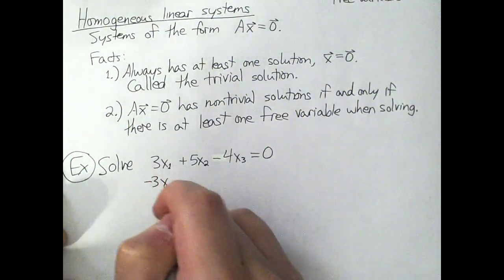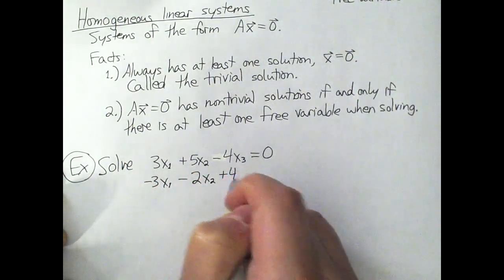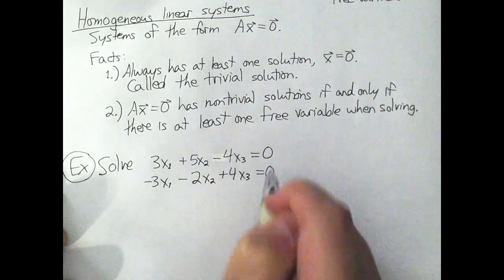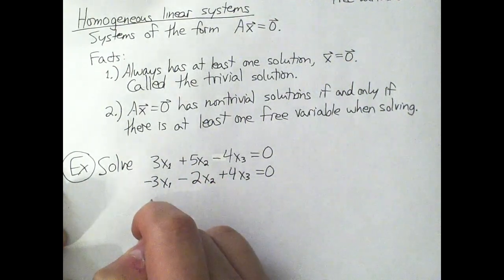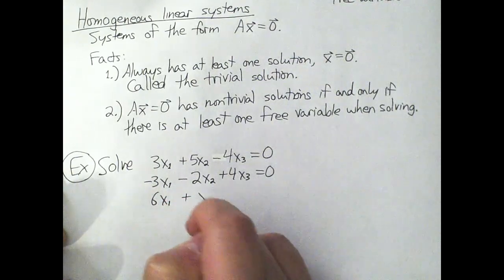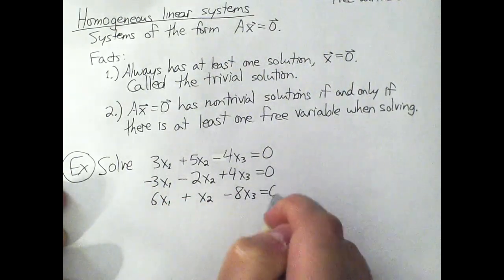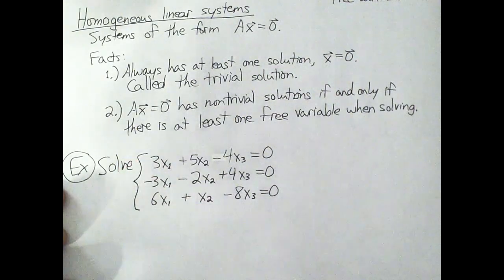Minus 3x1 minus 2x2 plus 4x3 equals 0. Next line, 6x1 plus x2 minus 8x3 equals 0. Put a bracket to the left of that to make it a system.